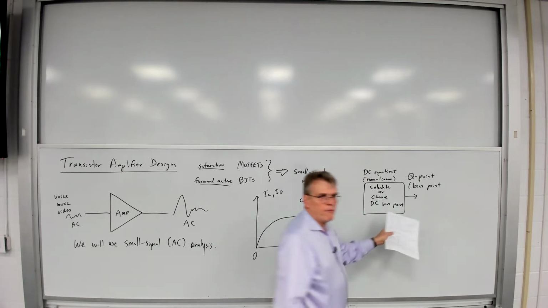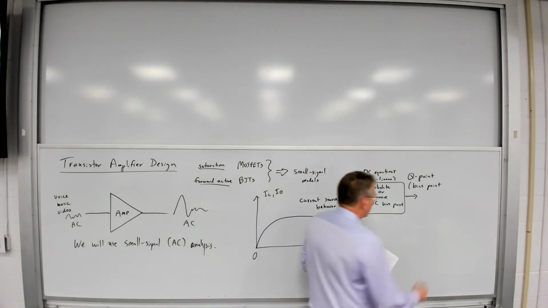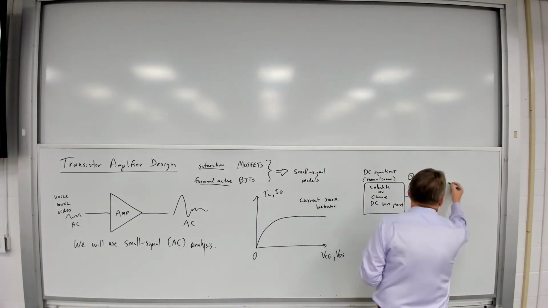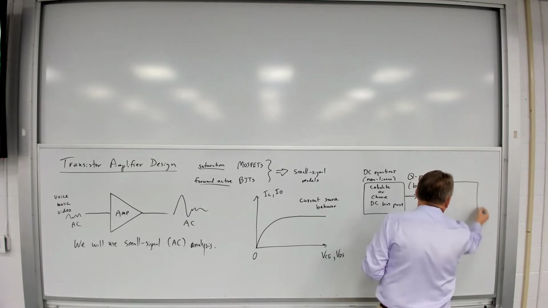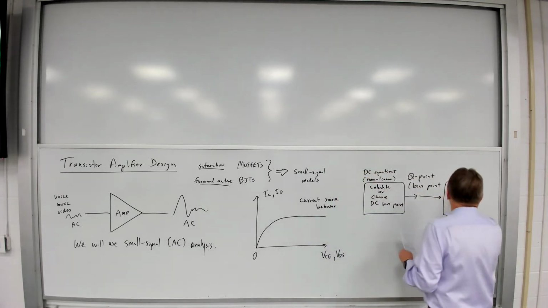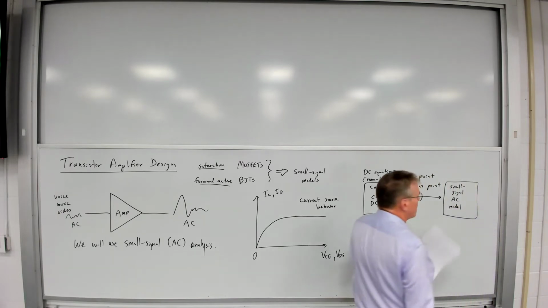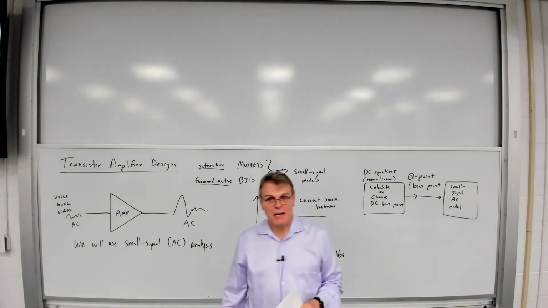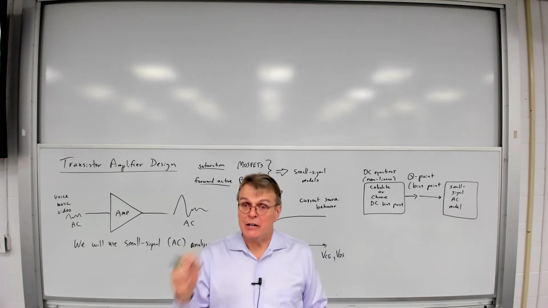And then we're going to feed those bias point values into our small signal AC model. And as we talked about before, the idea behind a small signal AC model is that it is a linear approximation.